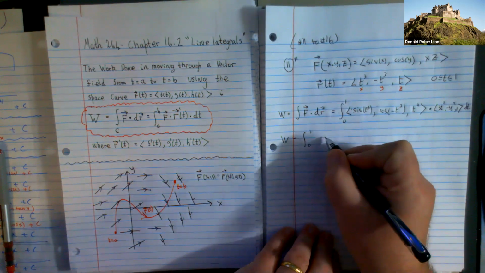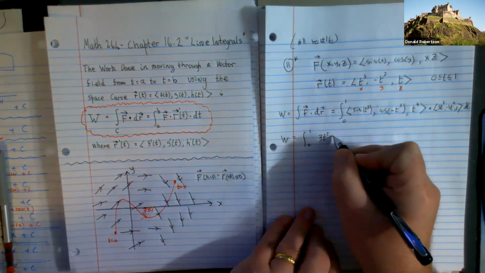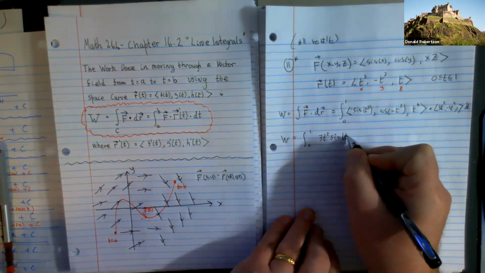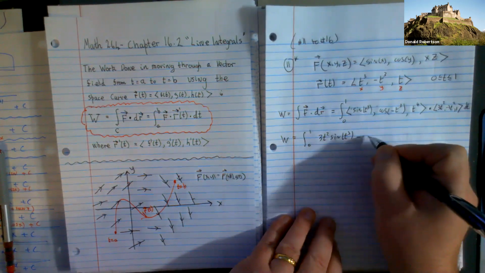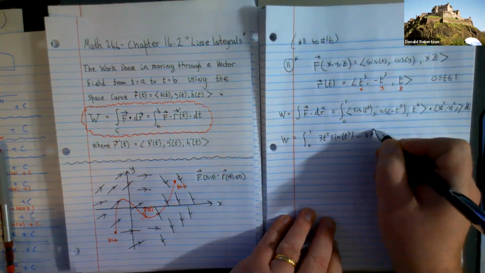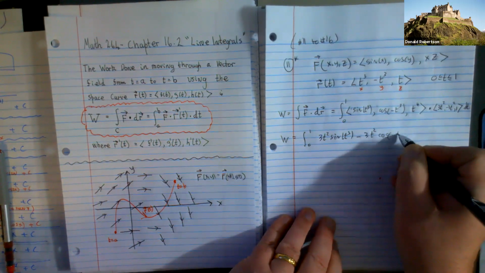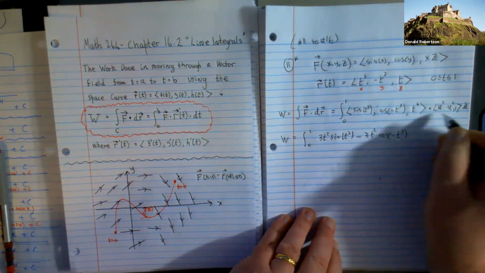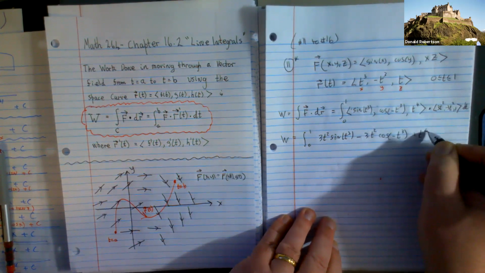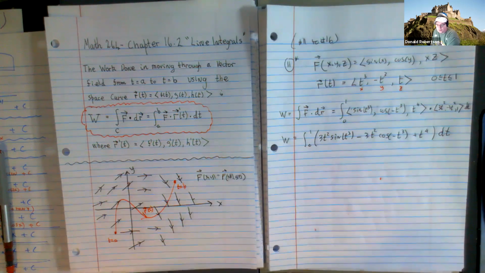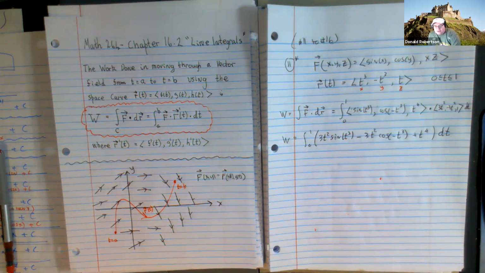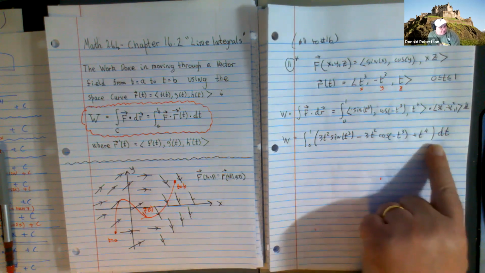So that's going to get me 3t squared sine of t cubed. This times this is going to get me negative 3t squared cosine of negative t cubed. And this times this is going to get me t to the 4. Do you see that what we now have in front of us is a Calc 2 single integral in terms of the variable t? You agree it's just one big ugly integral.